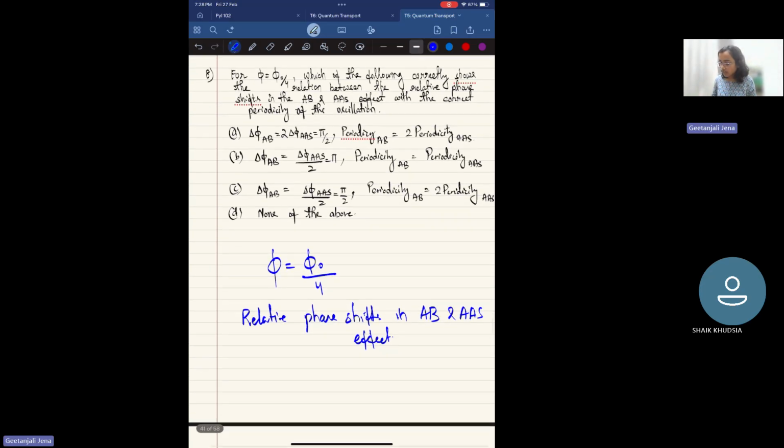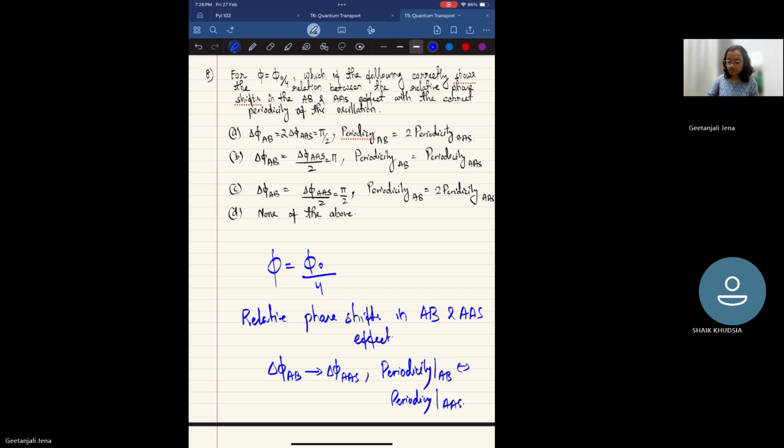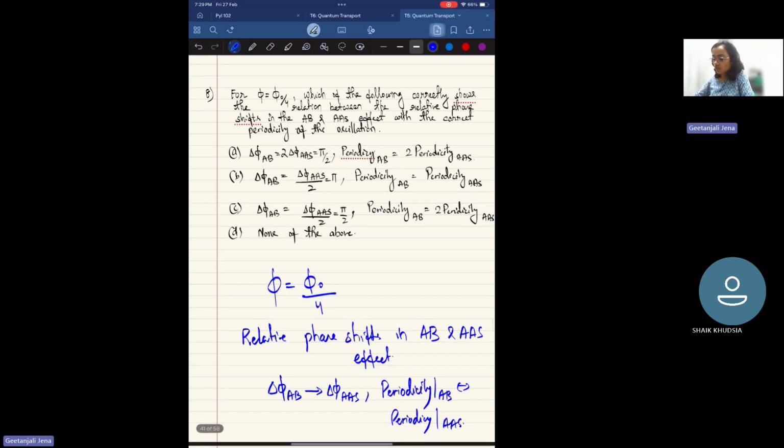So you need to calculate how delta phi AB is related to delta phi ASS, and also how the periodicity of AB is related to the periodicity of ASS. It will take some time, so let me solve it. You can revise the concept.